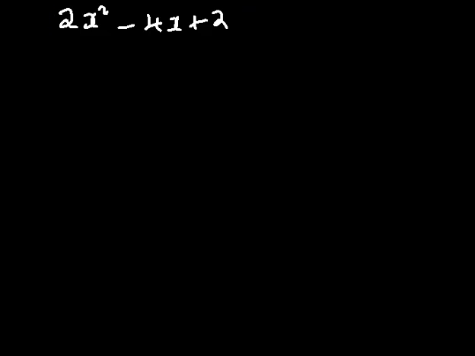In this case, first of all, we look at the values of a, b, as well as c. What is the value of a? We have it as 2. What is the value of b? We have it as negative 4. And what is the value of c? We have it as positive 2.